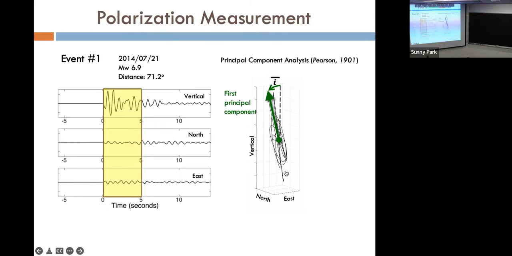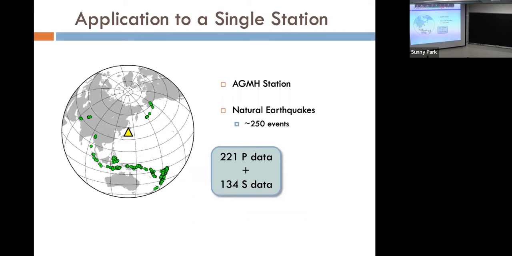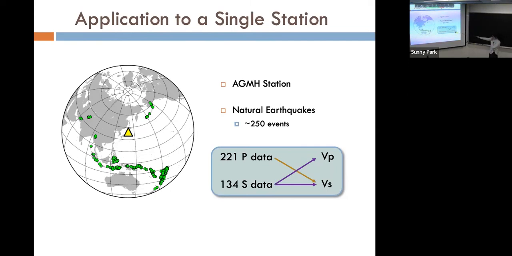If I do that for all the earthquakes and both P and S wave, I get about 220 P angle, 130 S angle. S data are less just because of the lower quality data there. Now we are going to combine all these data and try to find the best fitting VP and VS value.